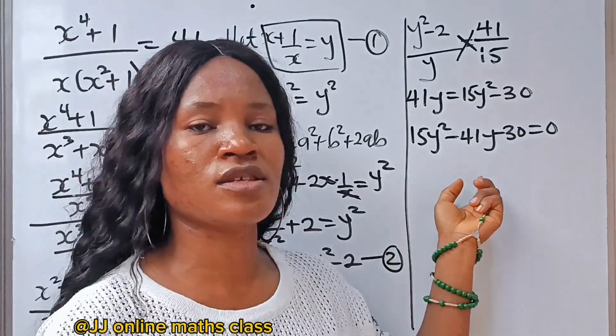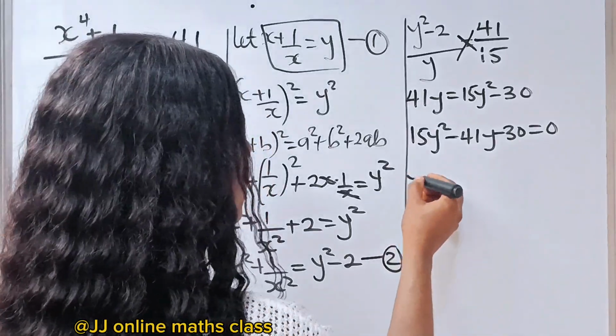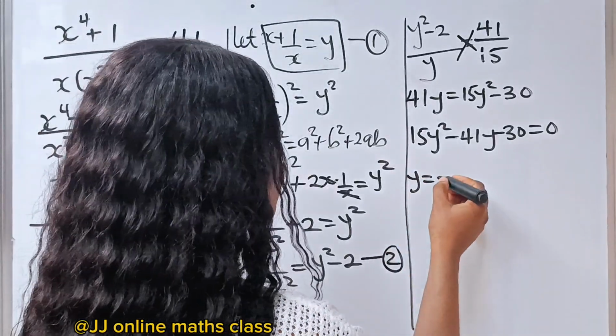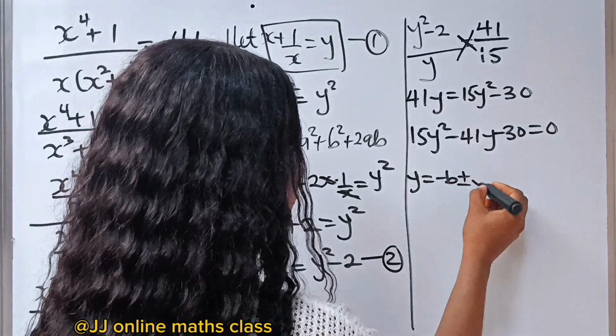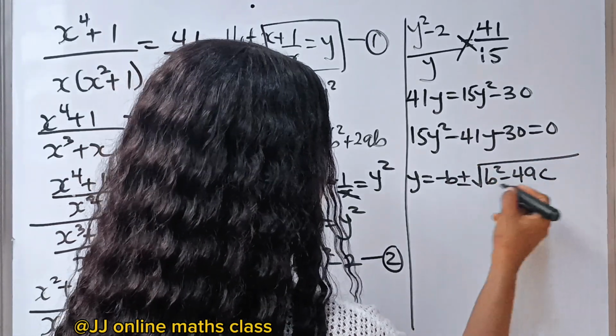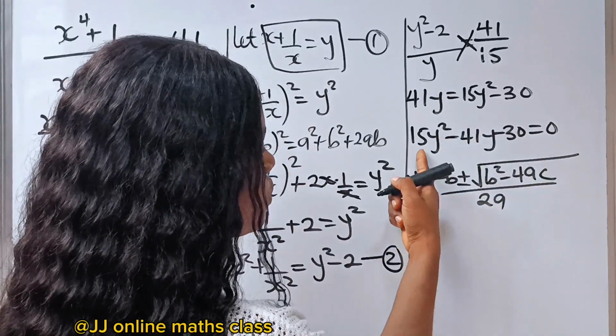Let's solve this using the quadratic formula. To get y, y is equal to minus b plus or minus the square root of b squared minus 4ac, divided by 2a. In this case, our a is what?